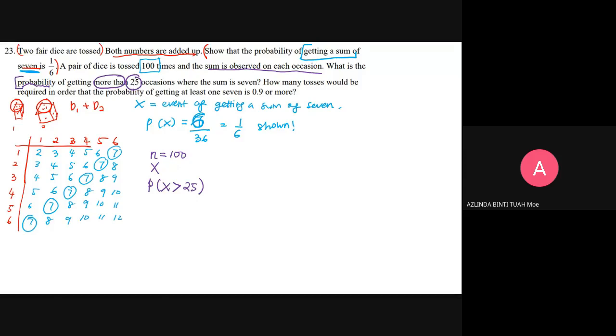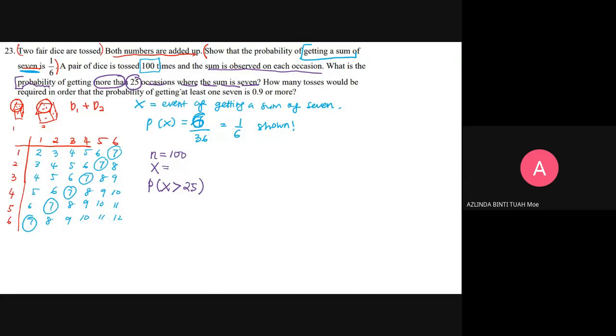Dah nampak simbol greater than ataupun less than dan dah jumpa nombor 25, terus tutup bracket. Ayat yang berada di selepas nombor itu menunjukkan event bagi soalan ini. Occasion where the sum is 7. So dia masih menggunakan event yang sama. So saya boleh letak X.